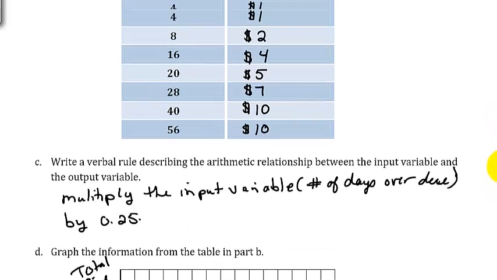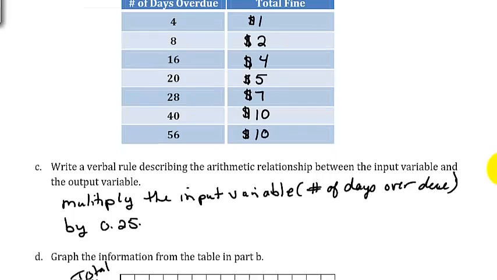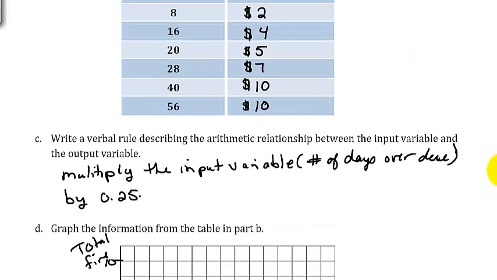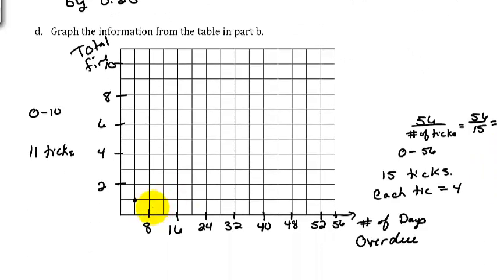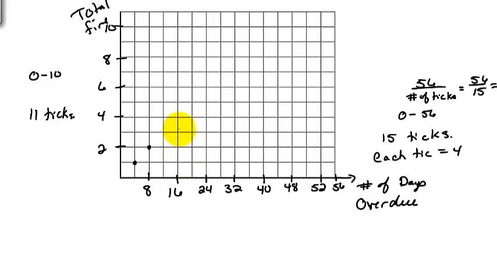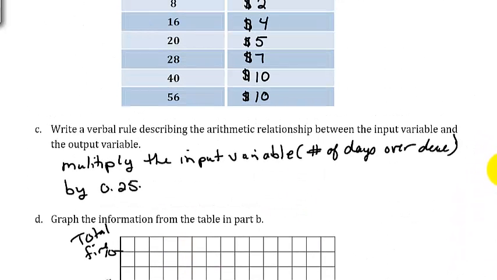Okay, so we have a data point 4, 1. And then we have the data point 8, 2. And then the next one is 16, 4. And then the next one is 25.